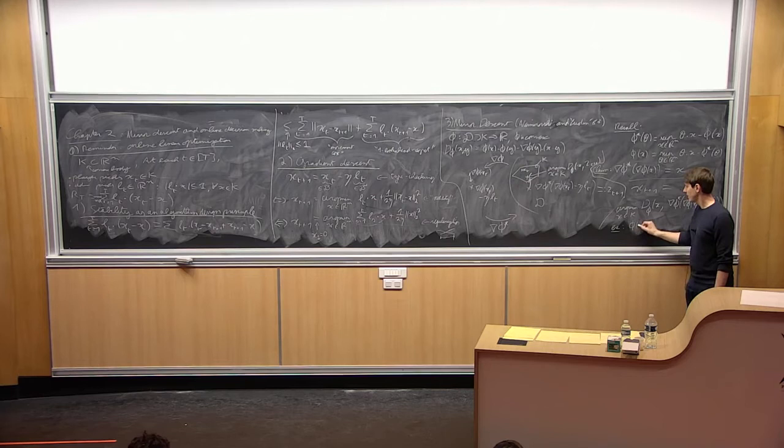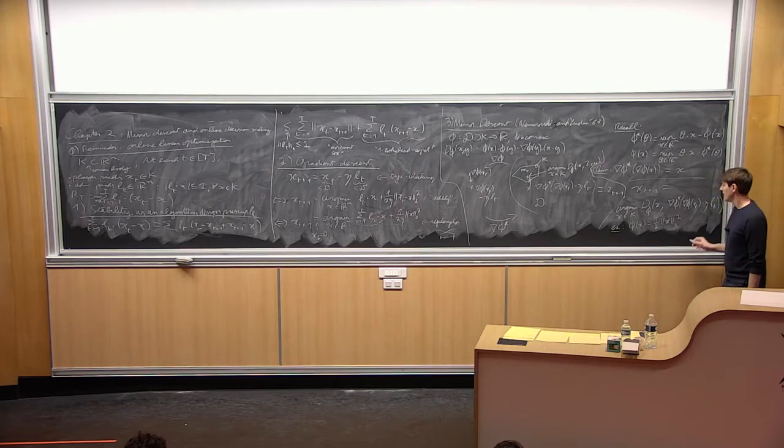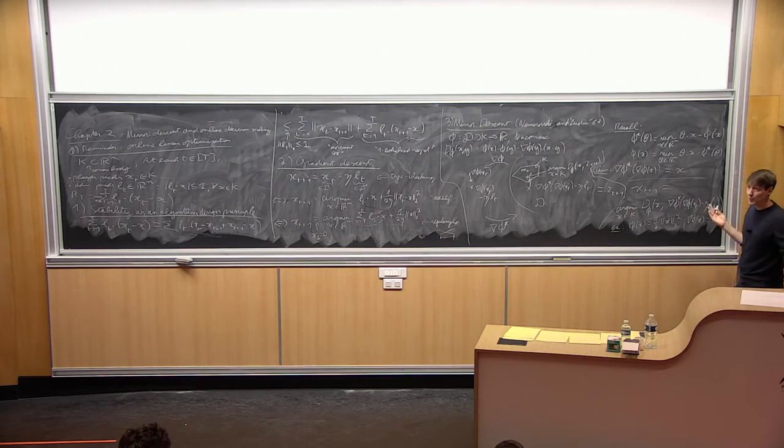If I take phi of x to be 1/2 of the Euclidean norm squared, then grad phi of x is just x. So this map between primal and dual is just the identity map. But maybe this doesn't make sense on my space, and I want to do something else. So the other thing we're going to do is the entropy.